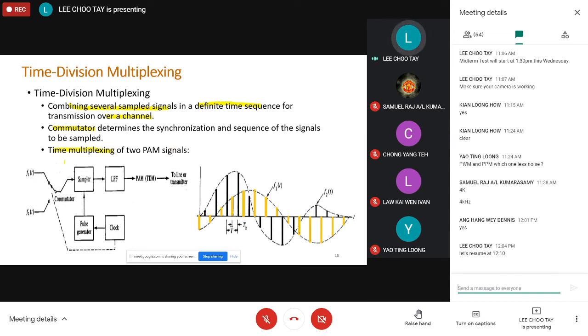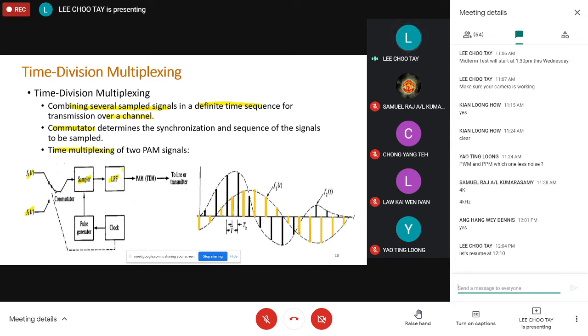We have 2 PAM signals, one called F1T, the other called F2T. We have a sampling circuit here and a low pass filter here. This low pass filter is to limit the sampled signal bandwidth to match the bandwidth of the channel that we are transmitting.